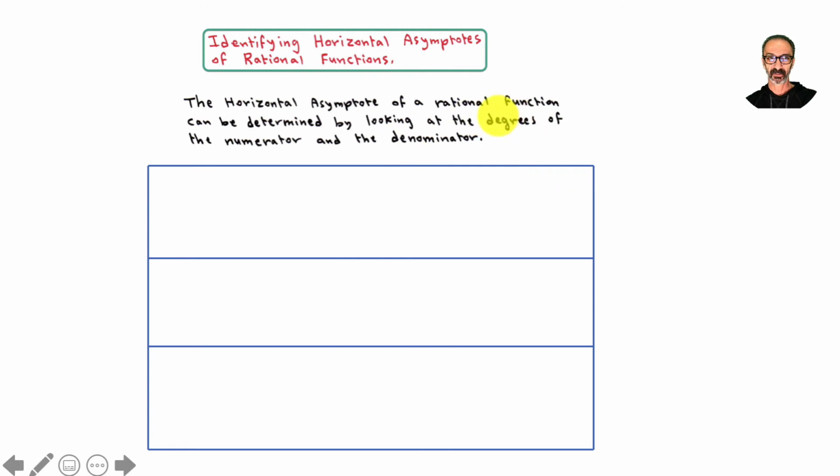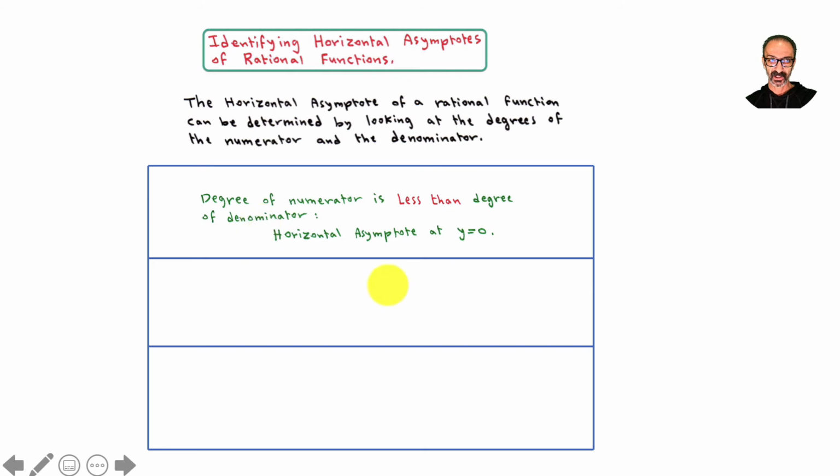So we talk about the degree of both p and q, p for the numerator and q for the denominator. We have three cases. The degree of the numerator is less than the degree of the denominator. In this case, we have a horizontal asymptote at y equals 0. I'm going over this a little bit quick because I have two examples for each one of them coming right after this slide.